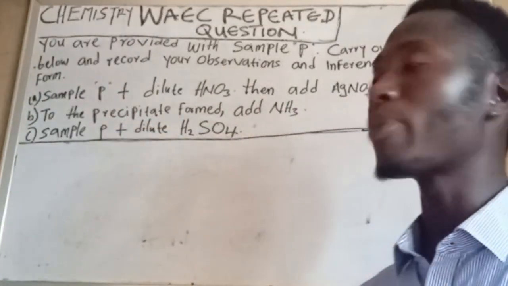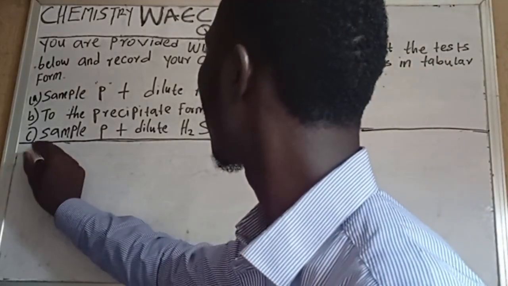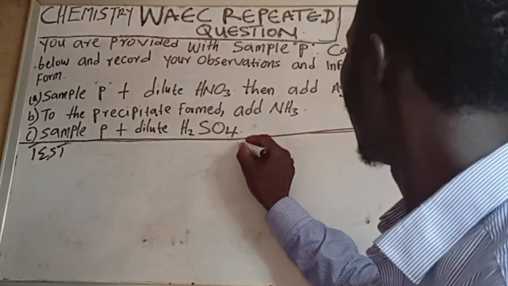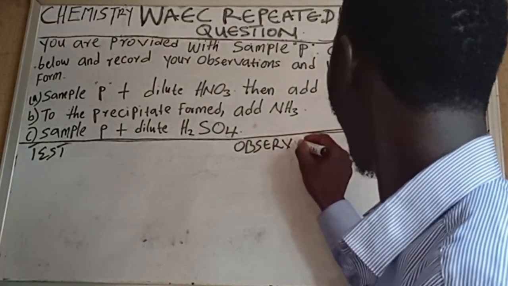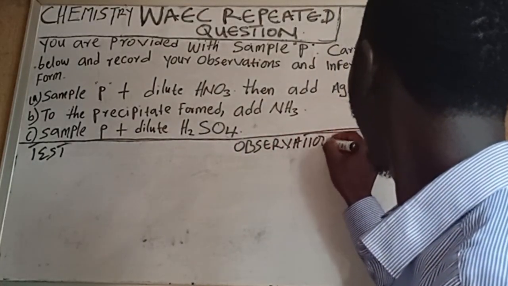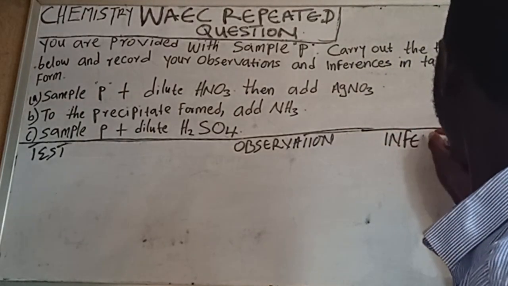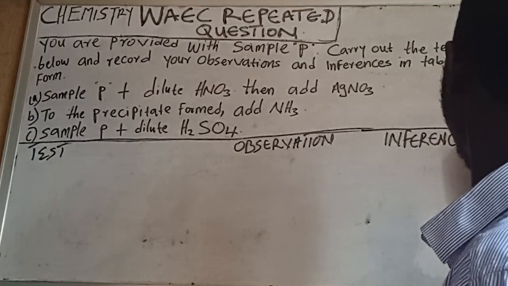If you are making a table by yourself, first of all, you will have test. You write test here. Then you have your observation here. And then you have your inference here.